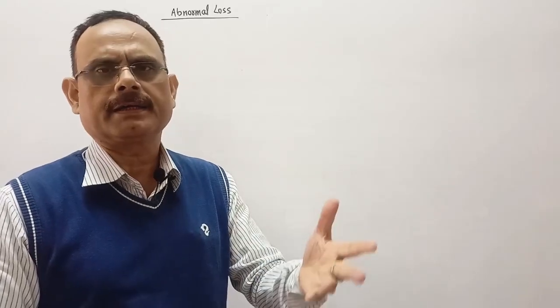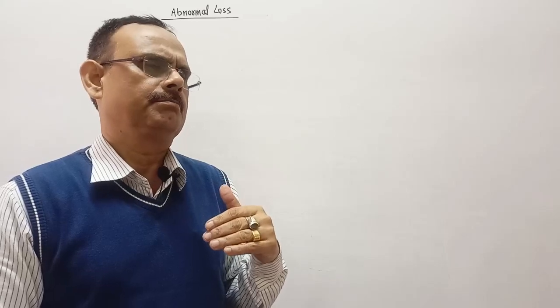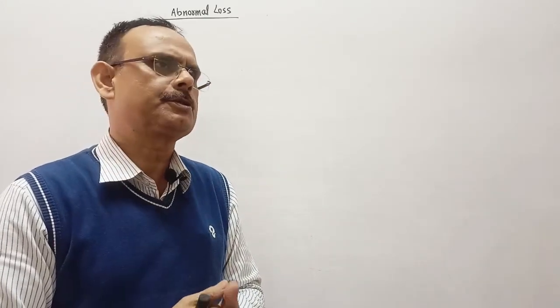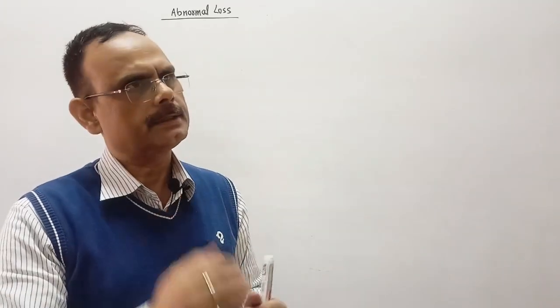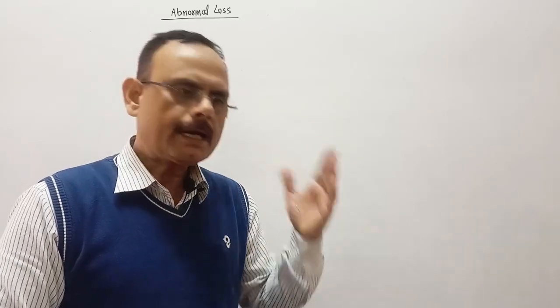Loss by fire, loss by accident, loss maybe by natural calamities, earthquake, whatever the reasons may be. If such loss is faced by the business, that loss is called abnormal loss. That is not the normal loss. This type of loss does not happen every year. So that loss is abnormal loss.